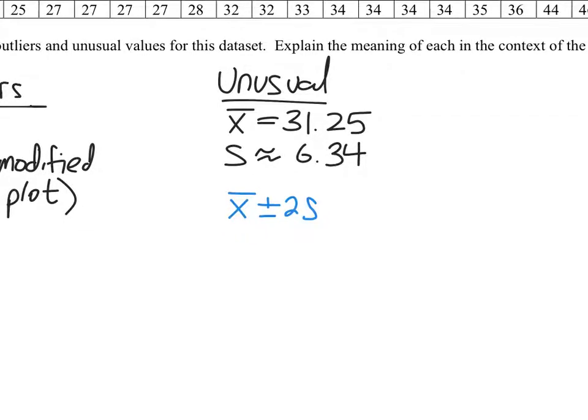It's not a beefy calculation by any stretch for you to do it out, but you want to get in the habit of being able to navigate through the different functions in the calculator. So yes, I could type in 31.25 plus 2 times that, but let's learn where to find this stuff. Vars, option 5, x bar, minus 2 times vars, statistics, option 3.